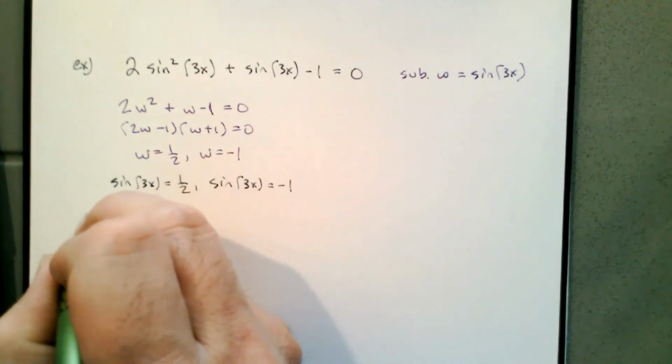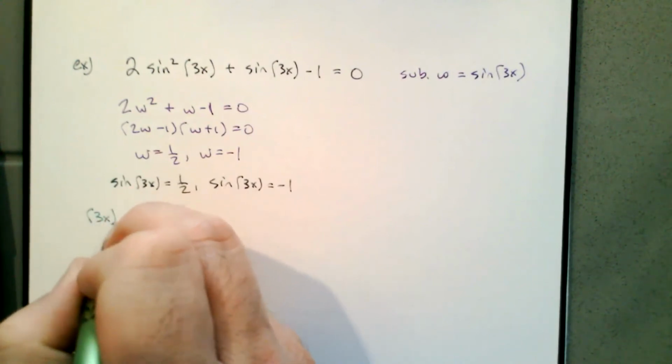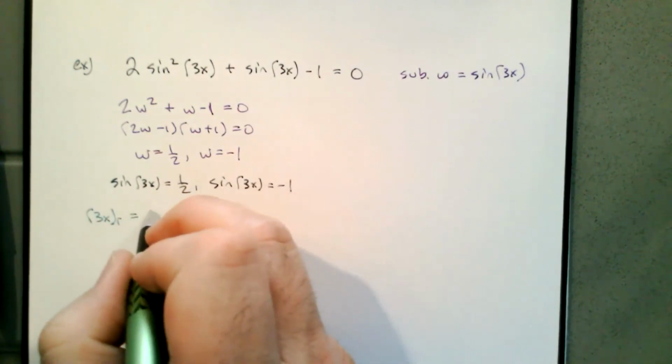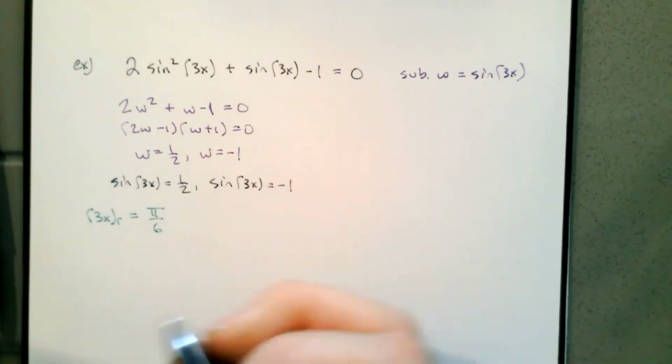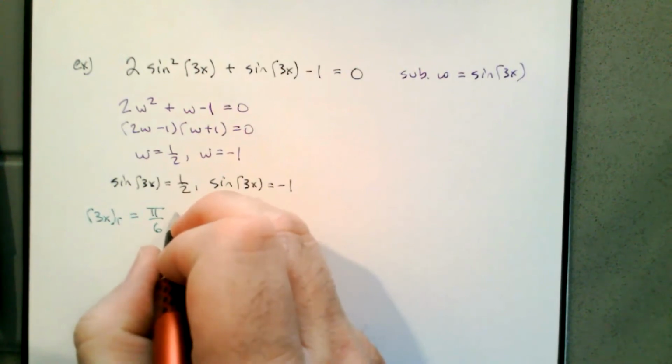So our 3x reference angle is still going to be pi over 6. And I still want to put the pi over 6 reference angle in quadrants 1 and quadrants 2.